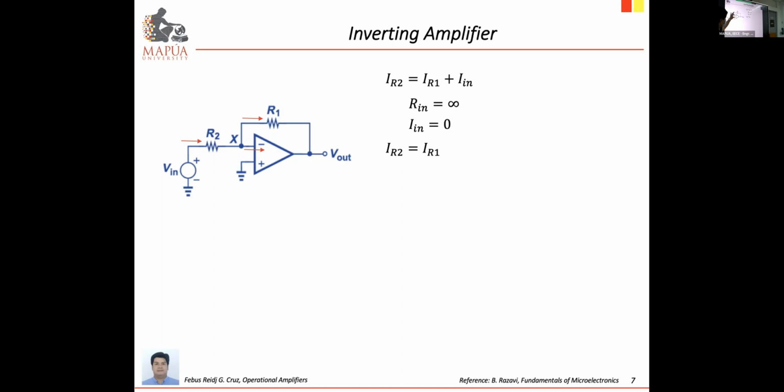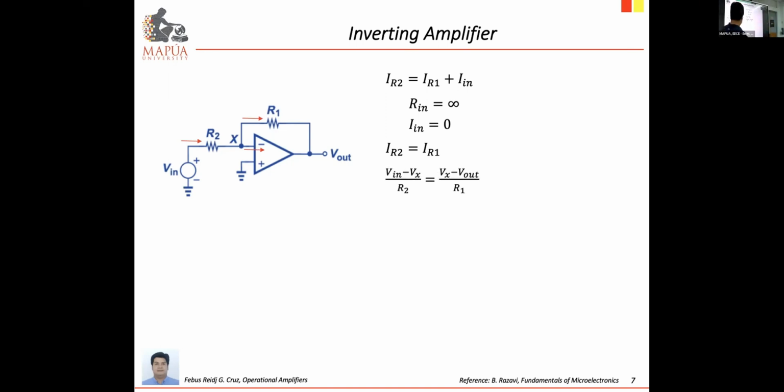Sabi natin, the potential on the two inputs are always forced to be almost the same. So the positive is directly connected to ground with 0 volt. Therefore, the voltage at the negative will be virtually grounded. It will have the same voltage equal to 0 volt.